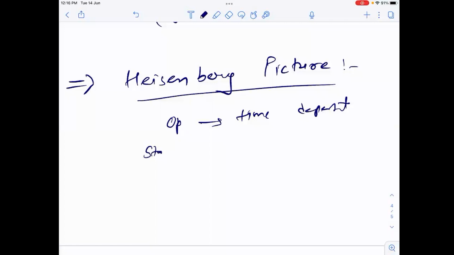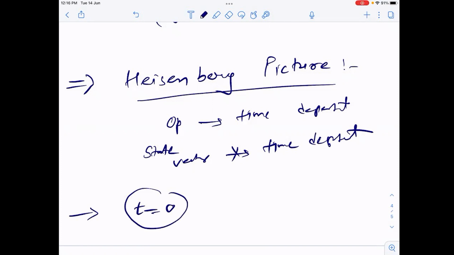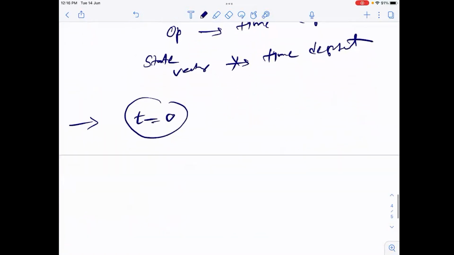And state vectors are not time dependent. Also remember, what did we discuss in the last class? That the Heisenberg state vector coincides with the Schrodinger state vector at time t equal to 0. Remember that? Yes. Right. So keep that in mind.